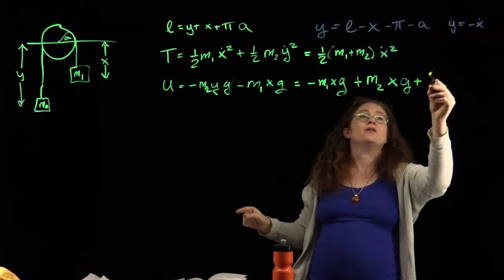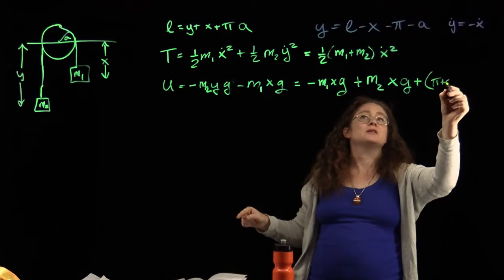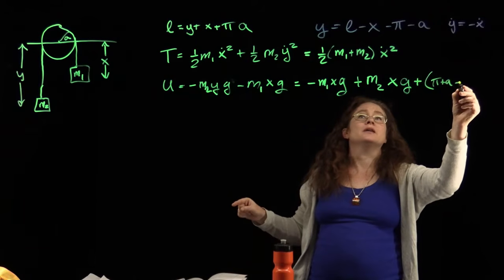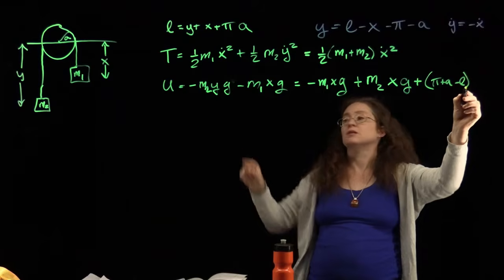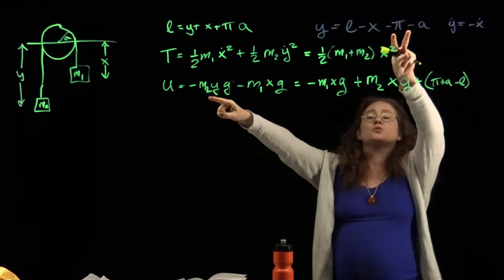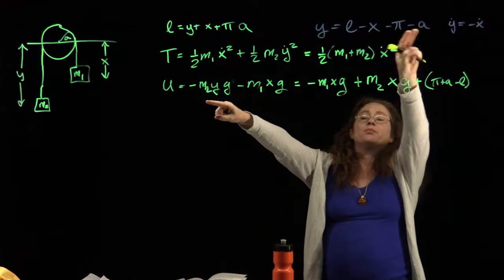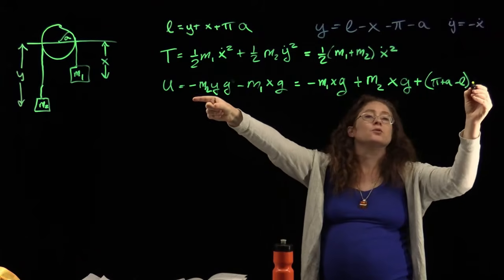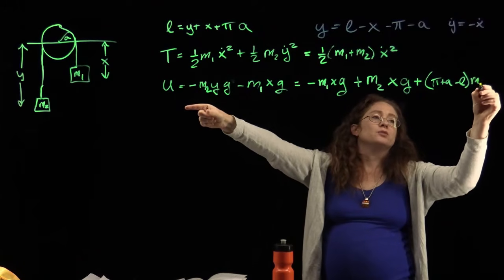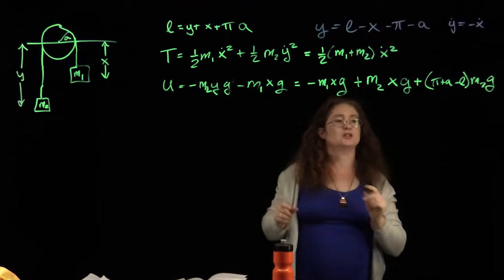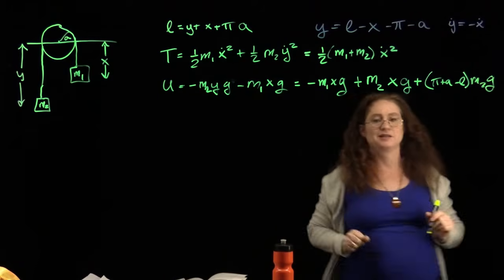So we have pi plus a minus L. I've switched the signs there because I multiplied the negative sign through, and then m2 g. Now the book just lumps that in and says that's a constant.